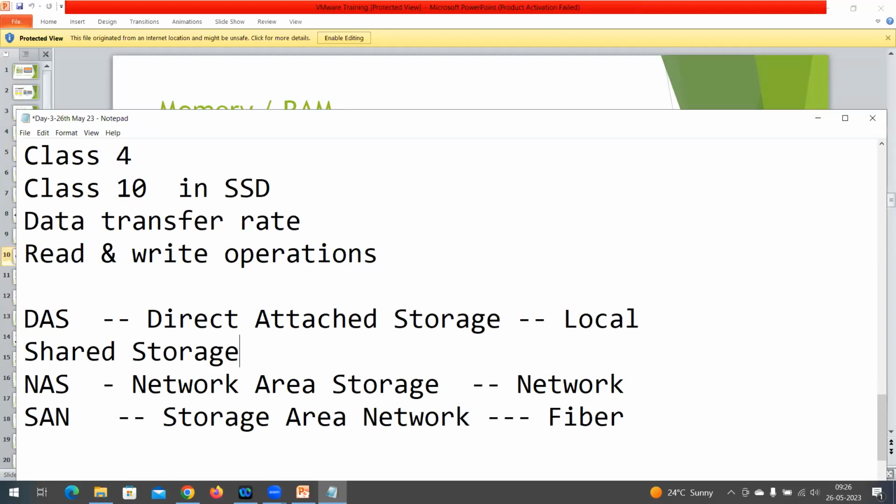What is the difference between NAS and SAN? For each and every storage, there are advantages and disadvantages. For example, local storage, in the sense, we are going to get the highest speed. But what is the disadvantage? It is a single point of failure. If something goes wrong on local storage, I'm not in a position to access the data.